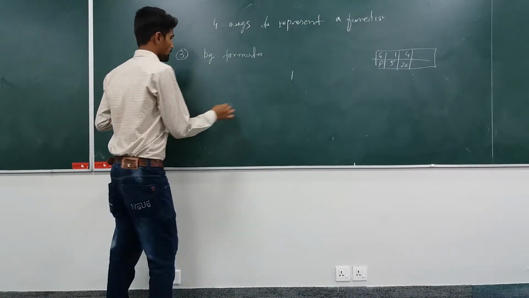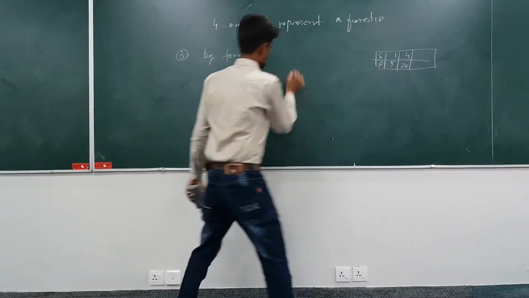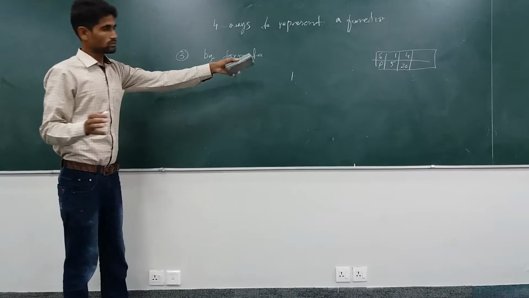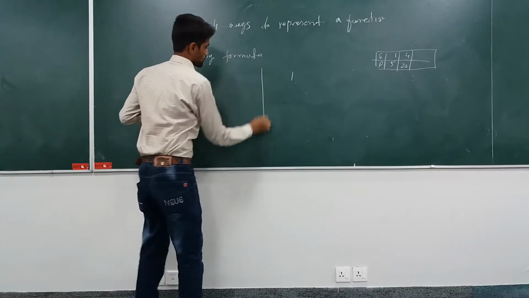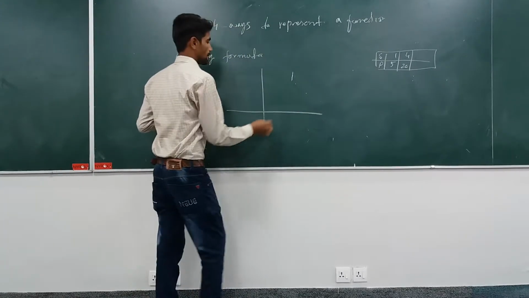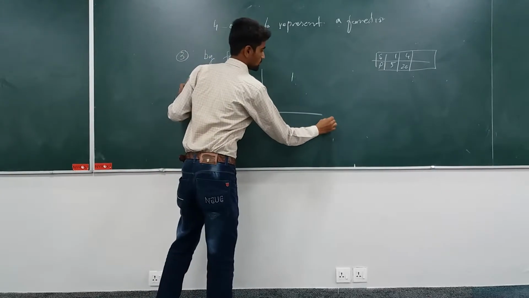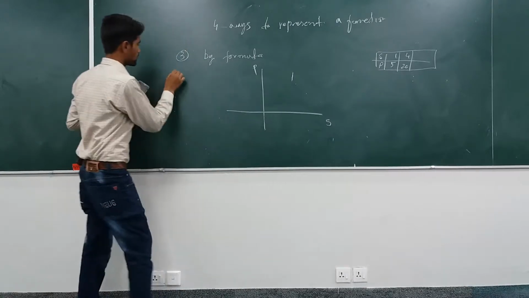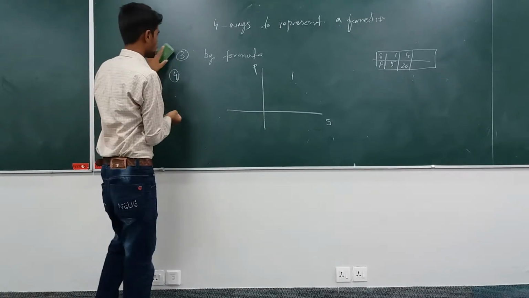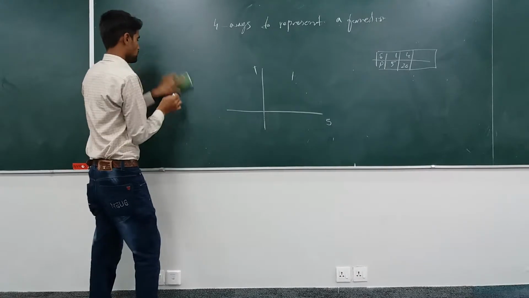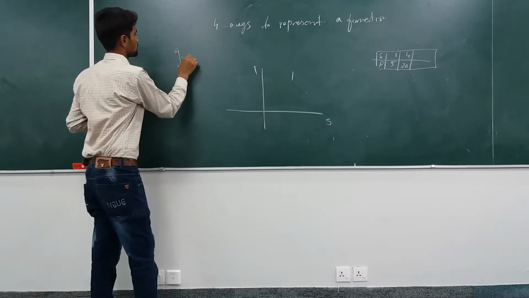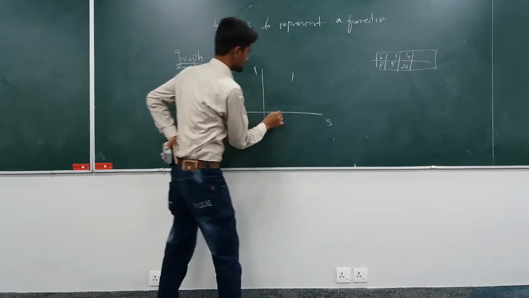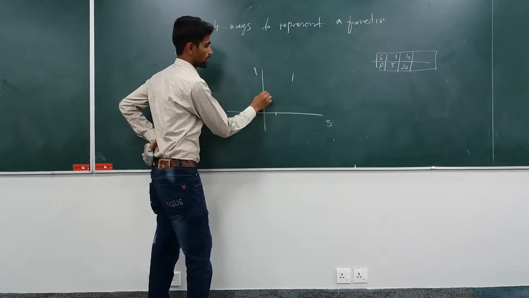But first we will discuss the graph. If there is one stick, I get 5 pencils.